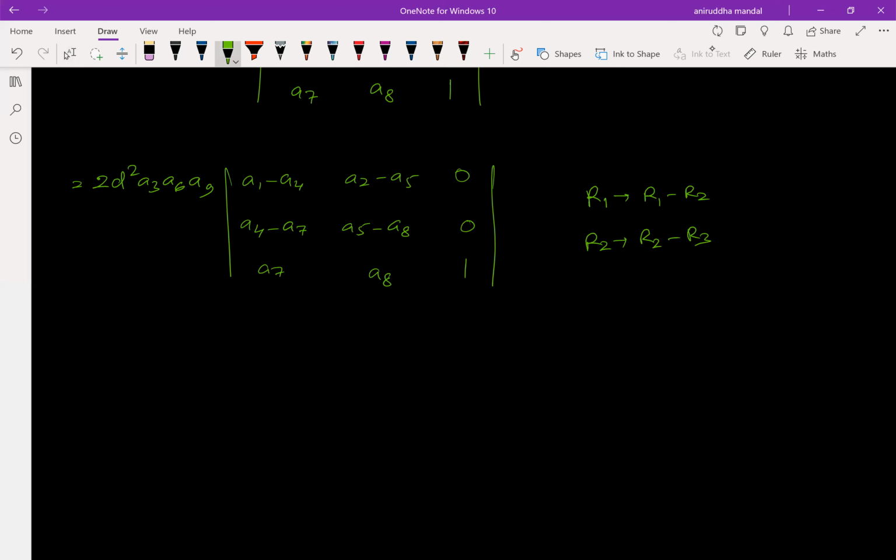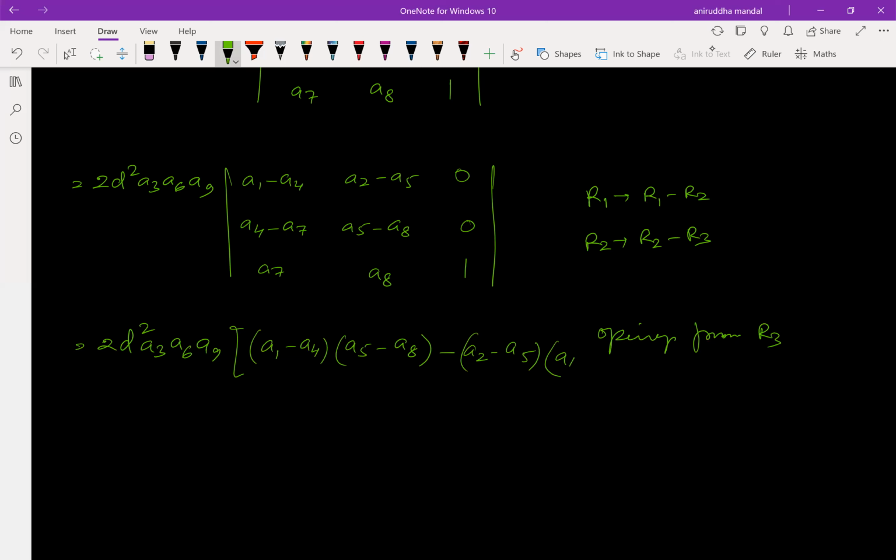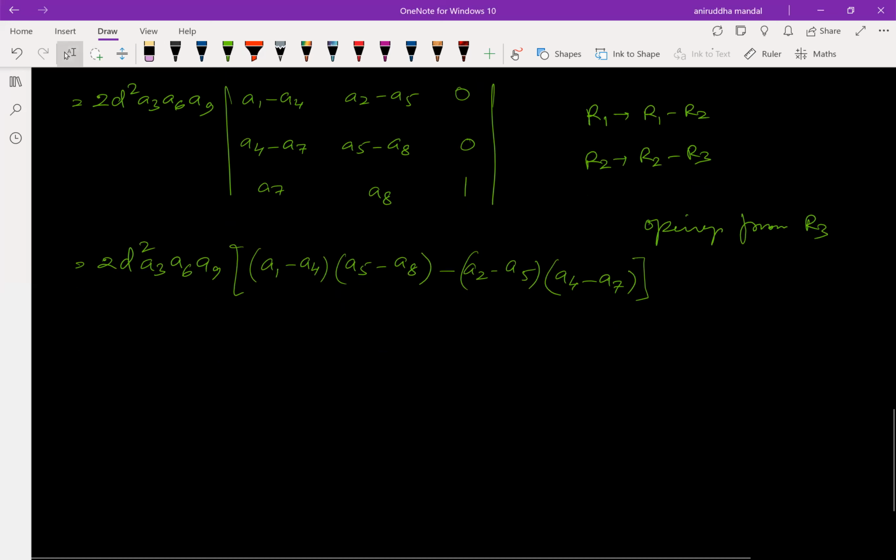So opening from R3, we have 2d square, a3, a6, a9, and this is a1 minus a4 into a5 minus a8, minus a2 minus a5 into a4 minus a7. Okay, just a minute.